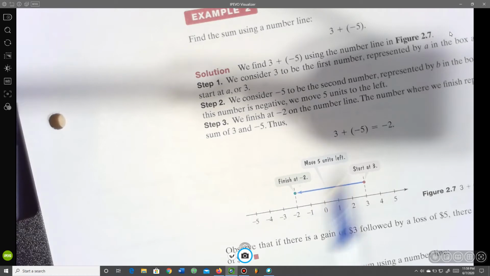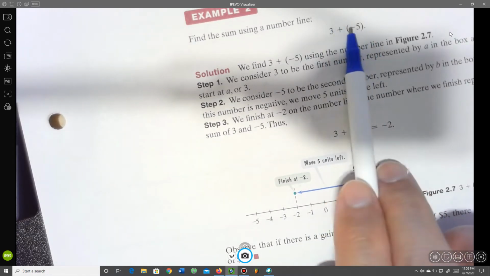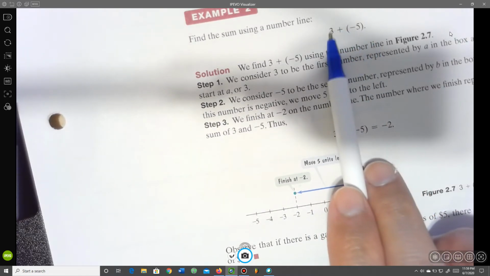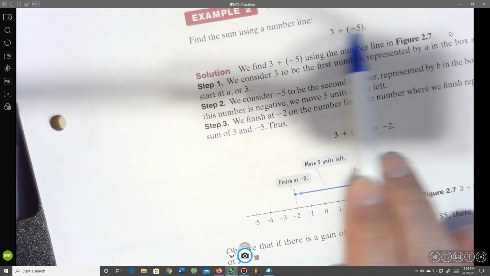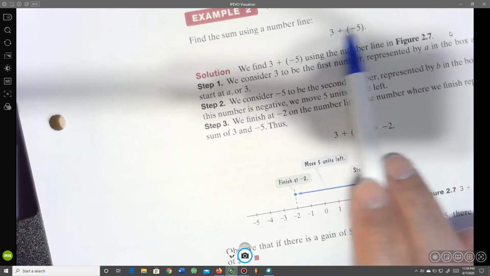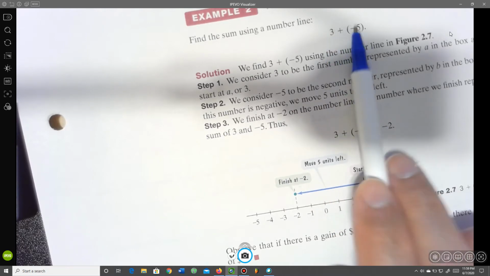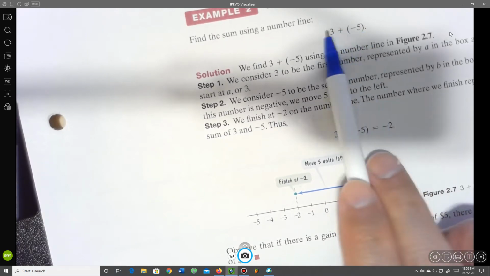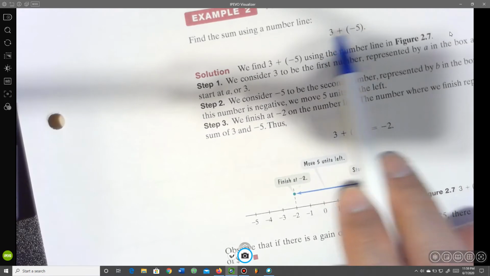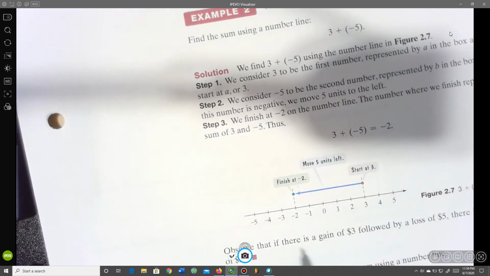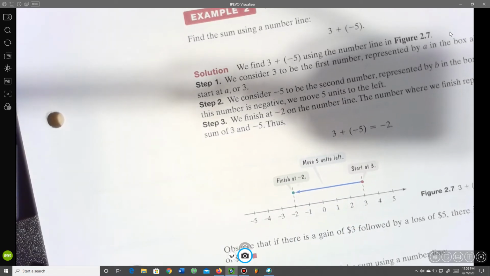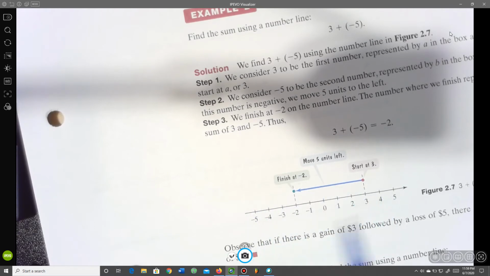Because you might think, if I have 3 apples and I take away 5 apples, I'm only going to end up with 0, right? That's thinking from primary school, junior high. But no, you end up with a negative value. And that's all this is doing.